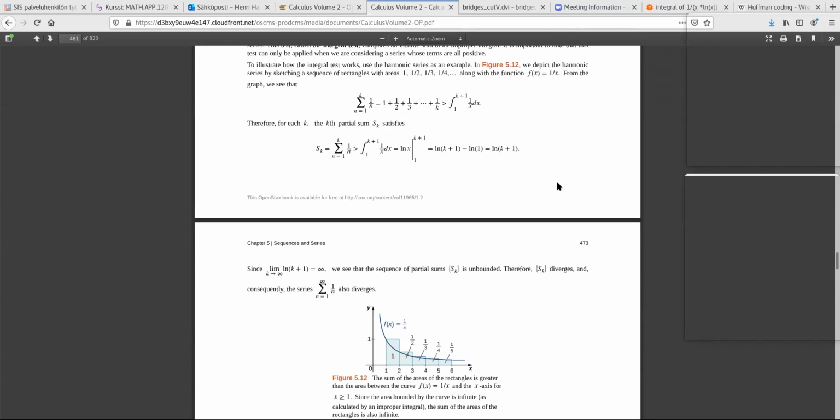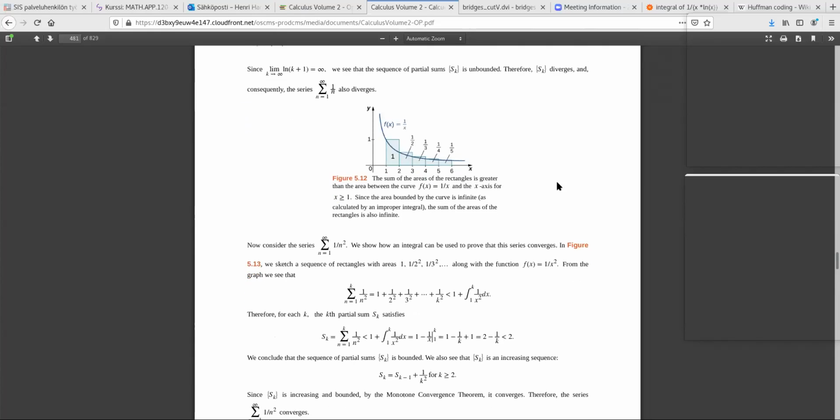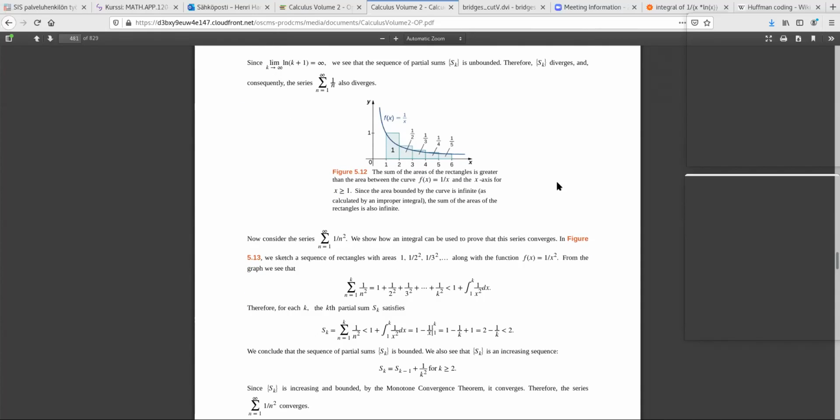Also, we talked about the integral test. Basically, the integral test's idea is fairly simple. We can approximate the sum using the integral, and we already talked about this as well. The integral can give us both the upper and the lower limit for the partial sums, and as this k up to which we sum these values goes to infinity, the integral's limits will give us upper and lower limits.